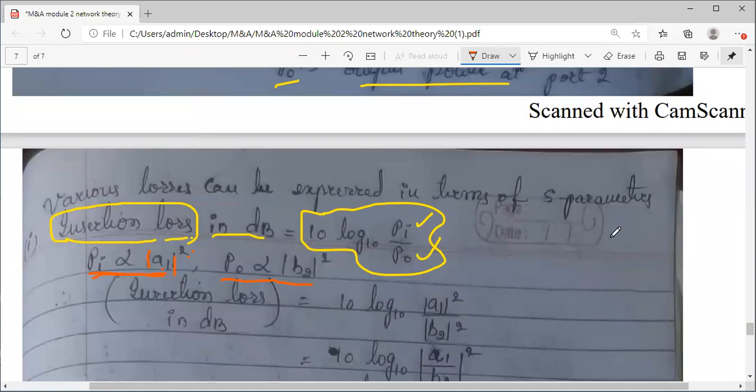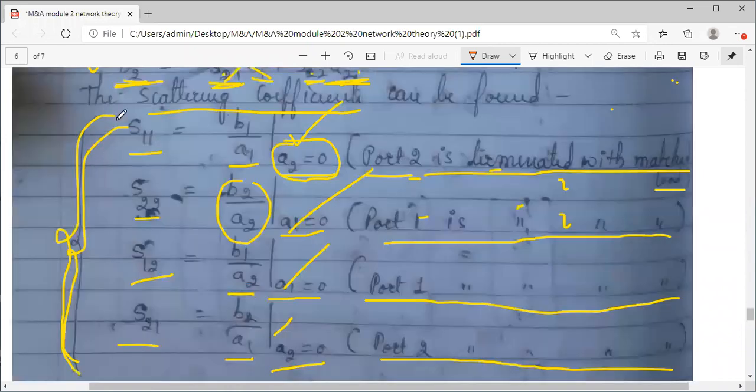So why I'm taking these in terms of A's and B's? Because just look at these S parameters. ये जो भी हमने S parameters find out किए हैं, they are all having the ratio of A's and B's.